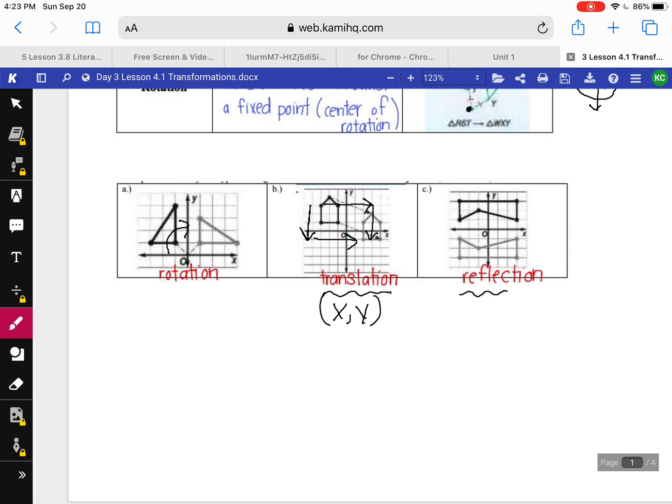Our reflection, as shown with example C, you can see that that mirror or that line of reflection is on that x-axis. And so you can look at that original one and see how it has been reflected down. And of course, you know that a reflection, if you were to fold that paper on the line of reflection and you bring those 2 objects on top of each other, they would be congruent.